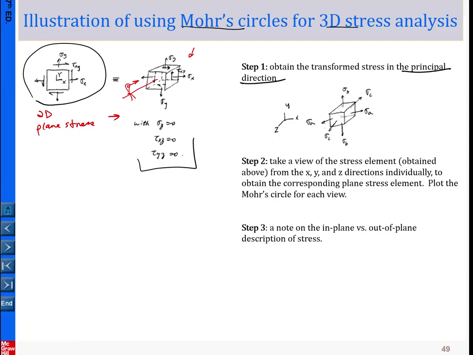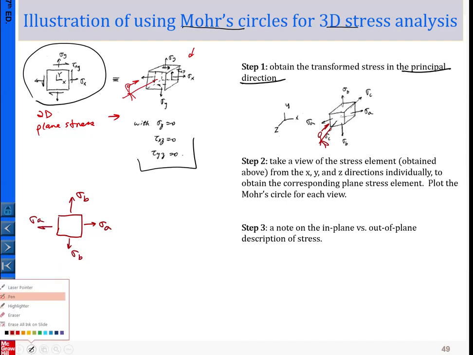Say you are the small guy sitting on this axis and looking in from here. In front of you, exposing to you is sigma A and sigma B, something like this. So this is sigma B, sigma A.